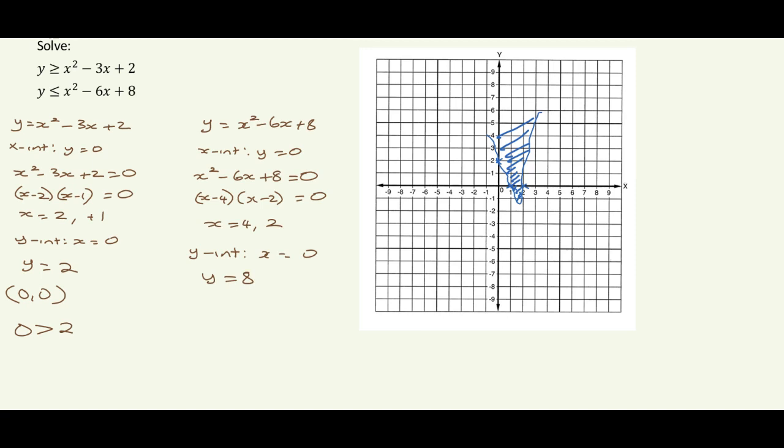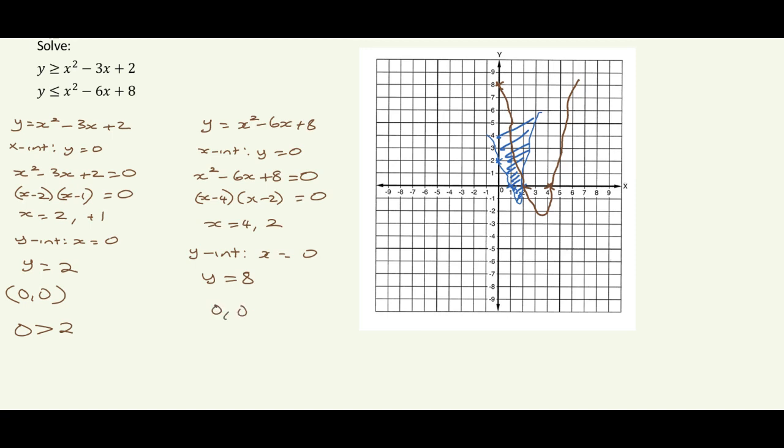Now we're going to put this on the graph. We have x equal to 2 right here, x equal to 4 right here, and y equal to 8. Okay, that's a rough sketch of what the graph looks like. And then we're going to use the origin test.